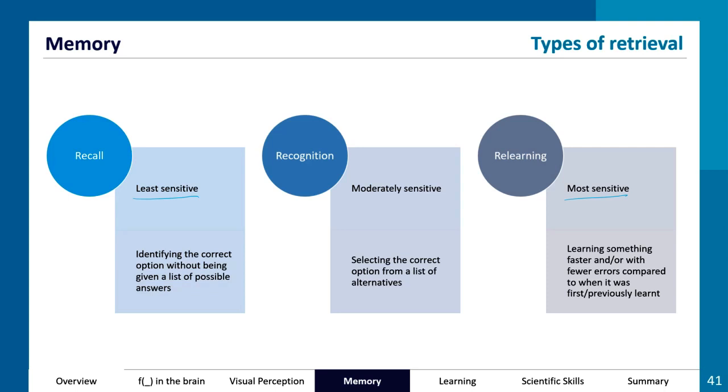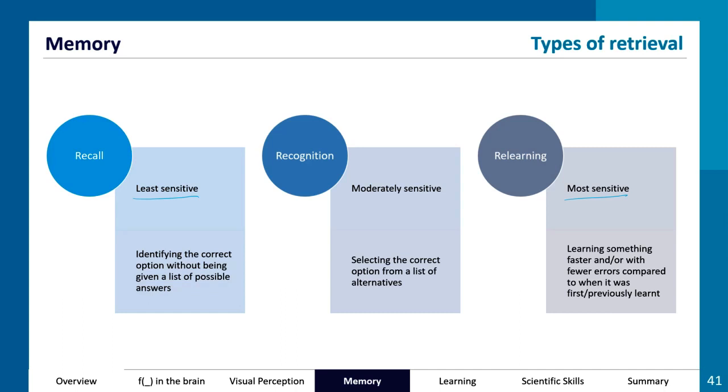So in recall, this is like if you have a short answer question on a test, you're not given a list of alternatives or anything, it's just, what year was Australia federated, and then you have to remember it was 1901. Whereas in recognition, they might give you, was it 1901, was it 1900, 1902, 2007, and you would just have to pick which the right one was.